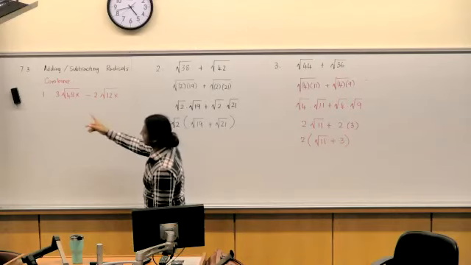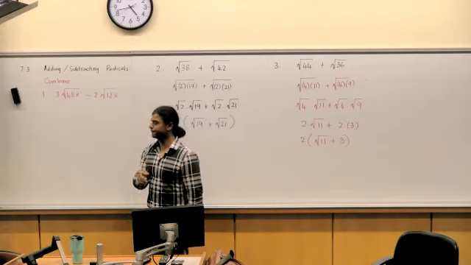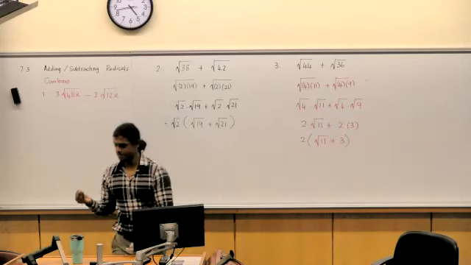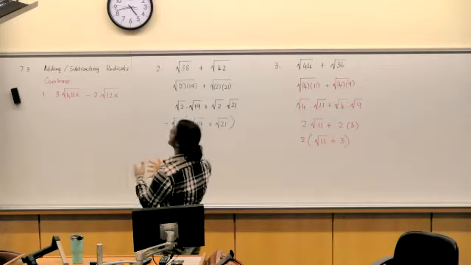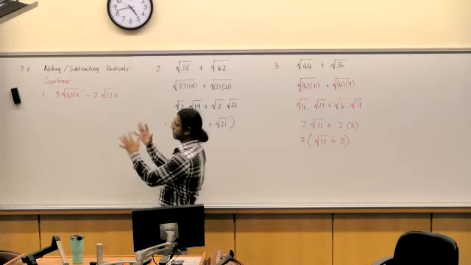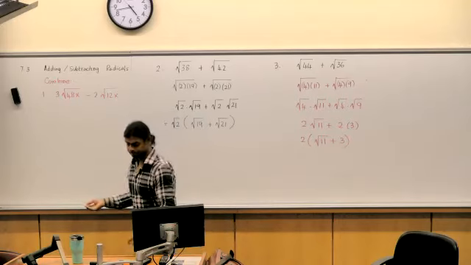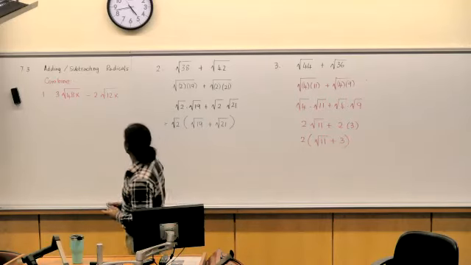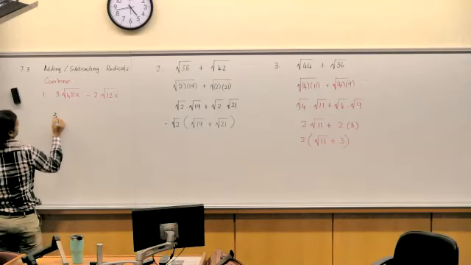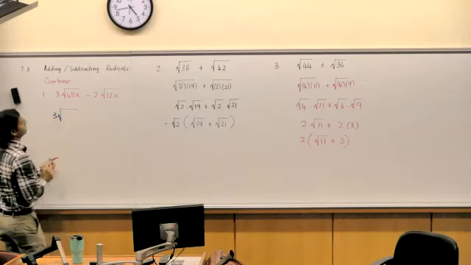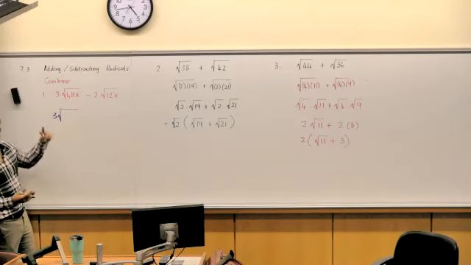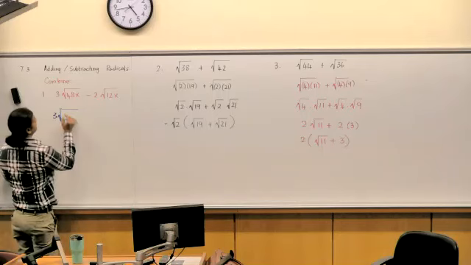So we are going to use the same logic of factoring to combine these two. What do we mean when we say we're combining radicals? All we're doing is pulling out common terms and writing it in a simplified manner. So let's see. I have an x in common already, so 3 square root. I see a 12 there, I see a 12 there. So 12 is a common factor.